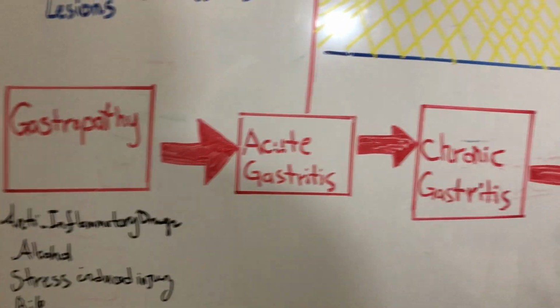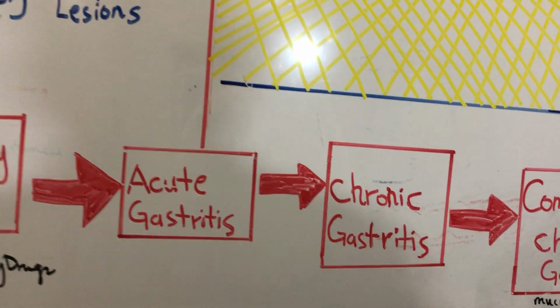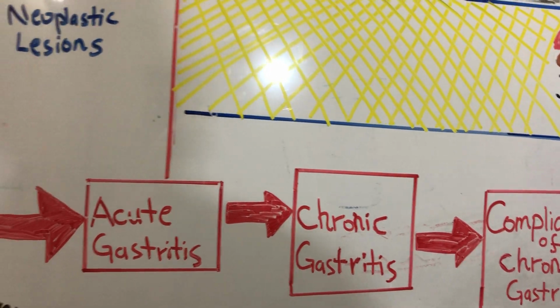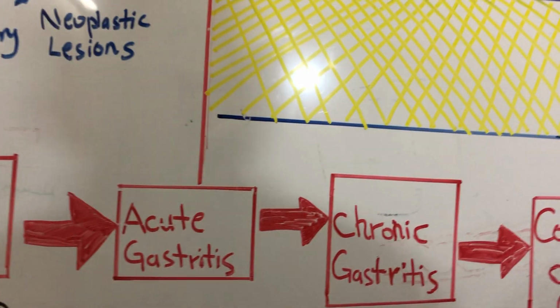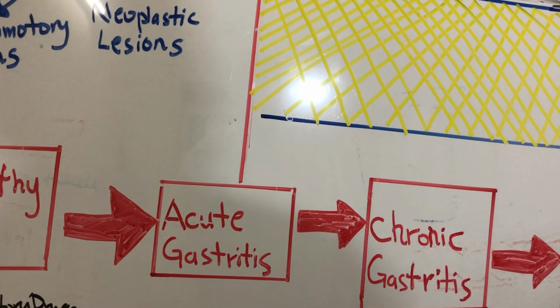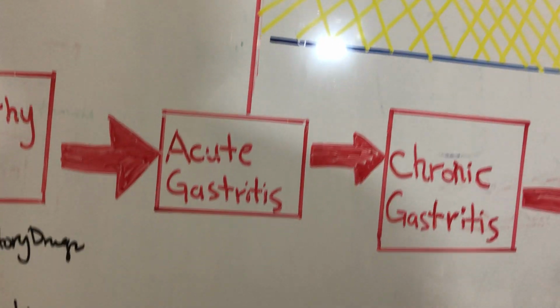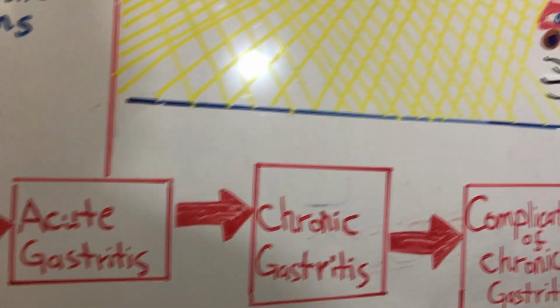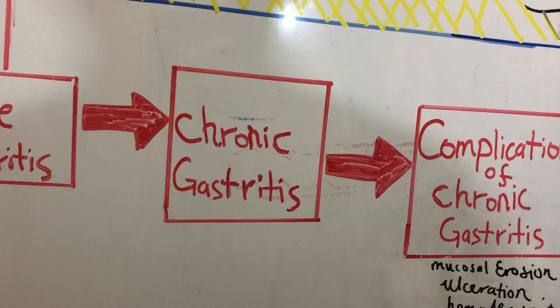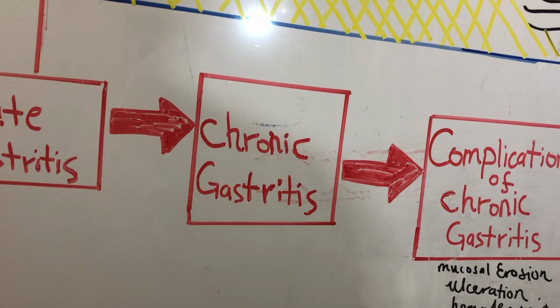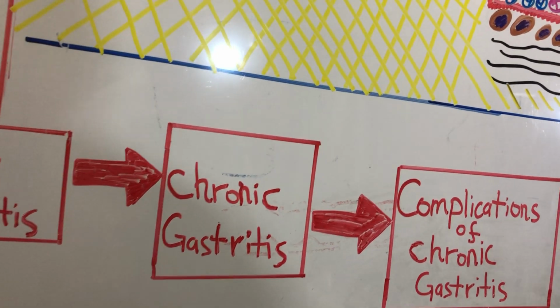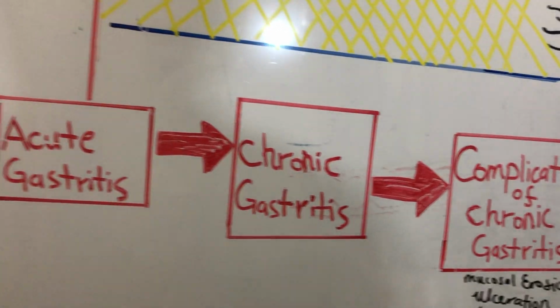But if you have, in addition to gastropathy, in the histology, you end up realizing there are leukocytes and lymphocytes, then originally that's acute gastritis. If you see the intensity of the inflammation is more severe and lasted for a longer time, then that is chronic gastritis.